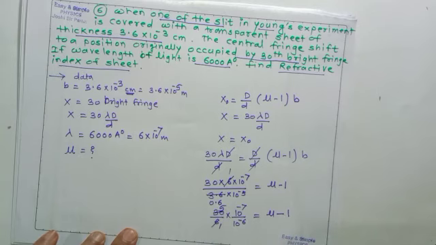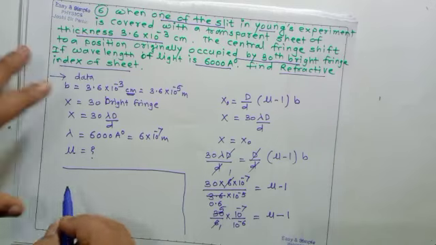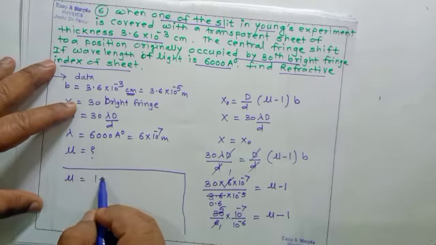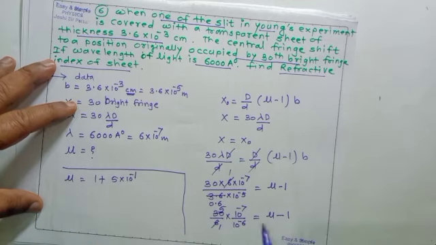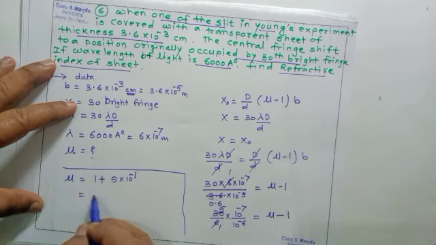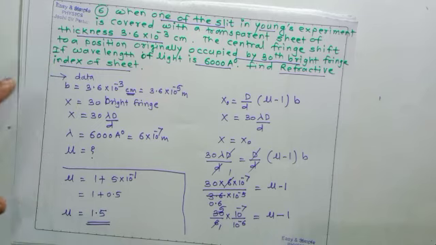So we can write mu is equal to 1 plus 5 × 10^-1, because 6 minus 6 is on numerator, it is plus 6, so it gives 10 raised to minus 1. So 1 plus 0.5, so the refractive index will be 1.5. That is the answer for the given example.